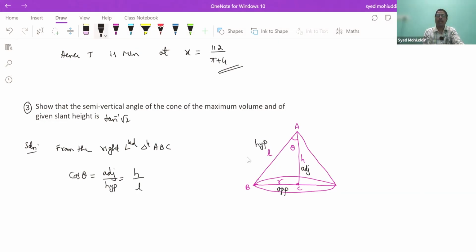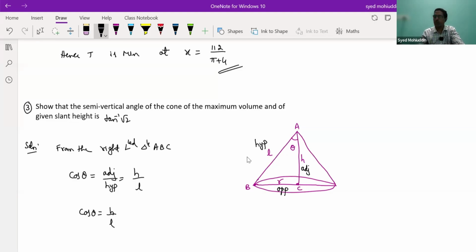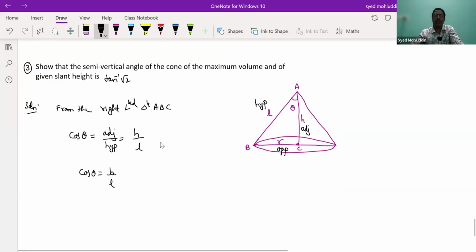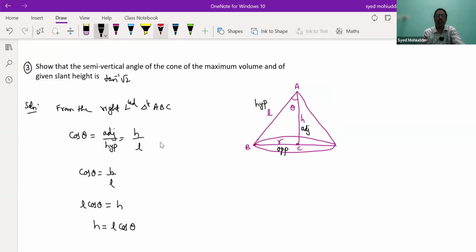Slant height, L. So therefore we have got cos theta equals h by L. Or if I cross multiply that L on the other side, we'll be getting L cos theta is equals to h. Therefore we have got height h to be L cos theta. Height is obtained in the form of slant height.